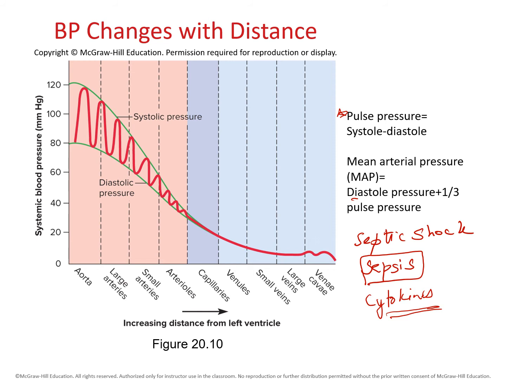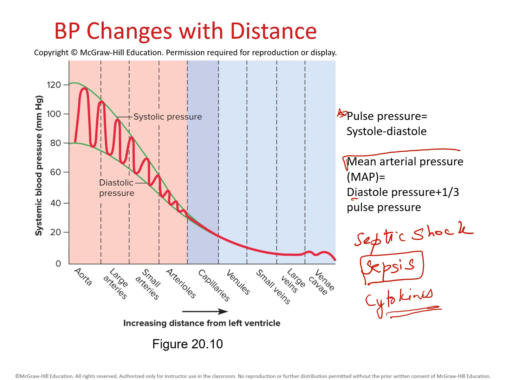So the importance of mean arterial pressure is to keep an eye on tissue perfusion. If you don't have good tissue perfusion, it means that your blood pressure has been affected, and organs are shutting down because they aren't getting enough nutrients.